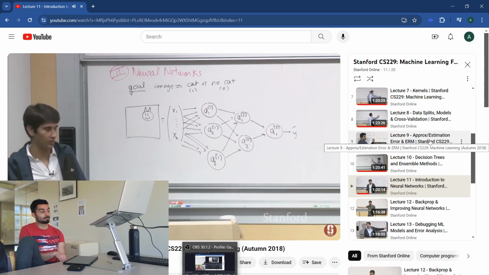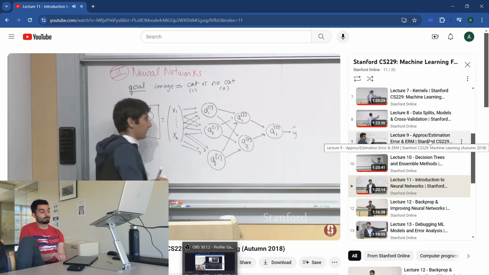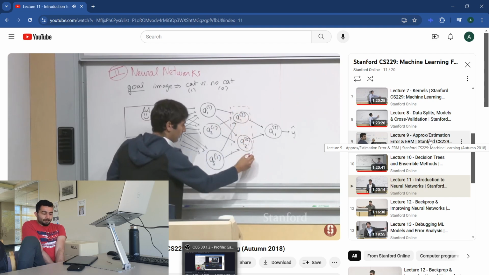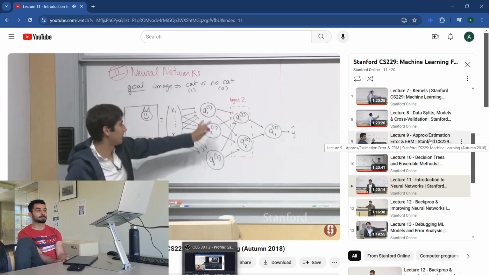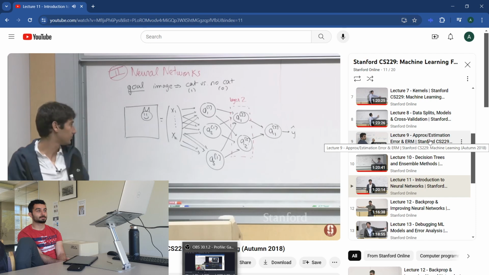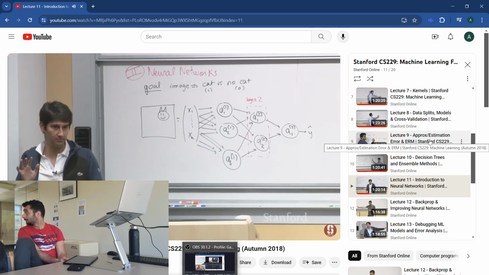So using the same notation, you see that my square bracket here is 2, indicating that there is a layer here, which is the second layer, while this one is the first layer and this one is the third layer. Everybody's up to speed with the notations? Cool.